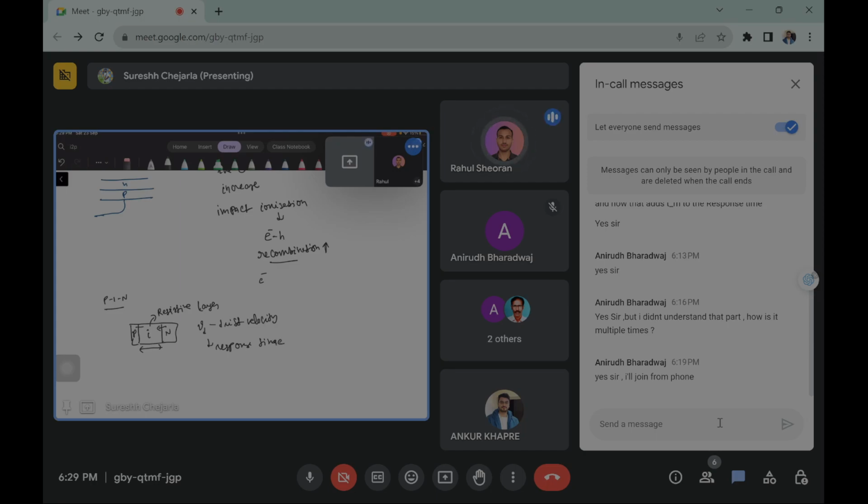Sir, what exactly is the meaning of response time here? Does it mean how fast the device will react to the incident photons? That is correct. So we prefer that the response time should be lower, right? Yes, response time is lower. So when we introduce this resistive layer, both things that are happening are better for us, as far as I understand.